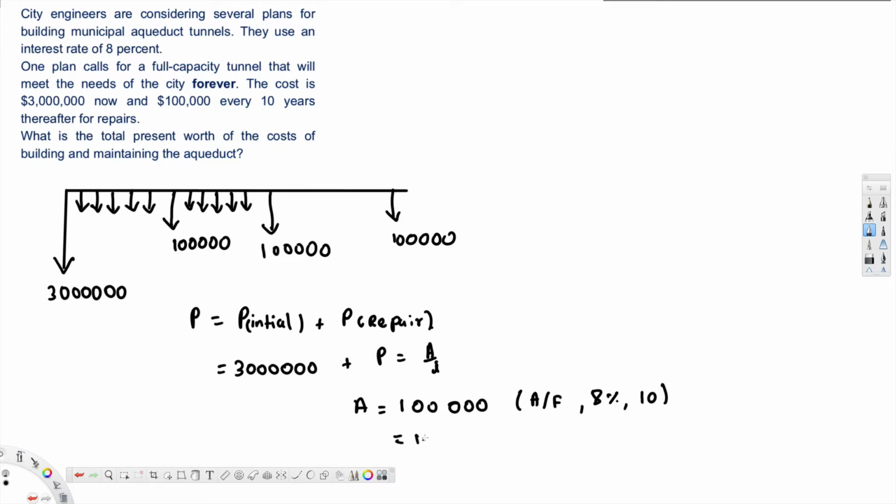So 100,000, and if you look at the value on the table, you will see that is 0.06903, and that is equivalent to $6903.